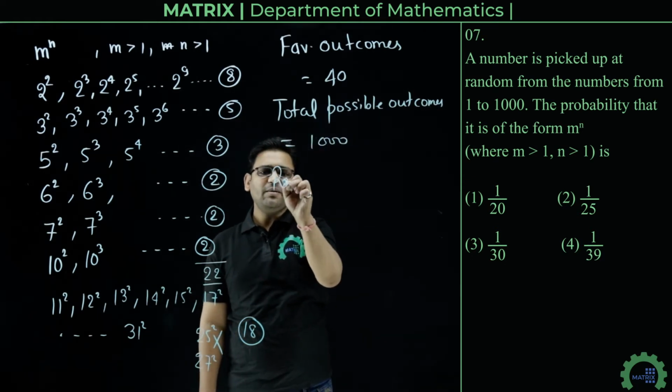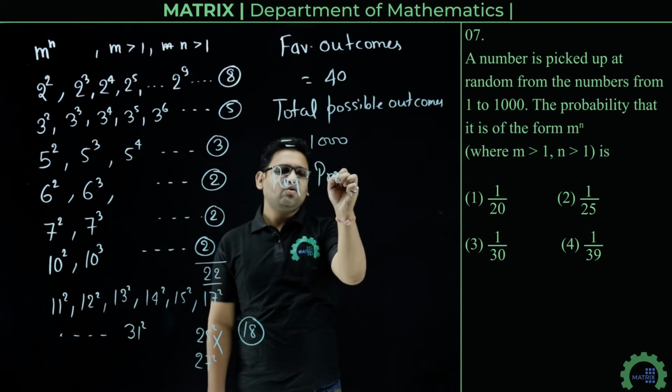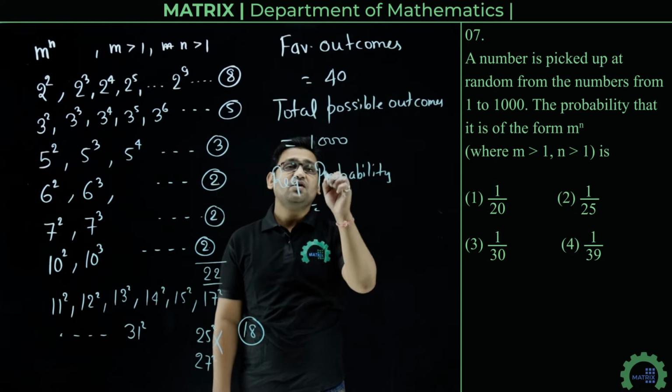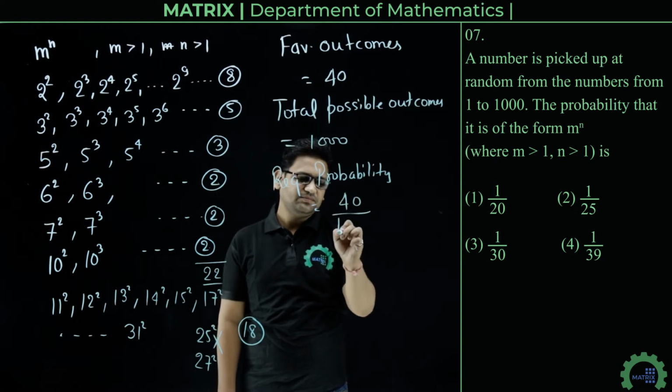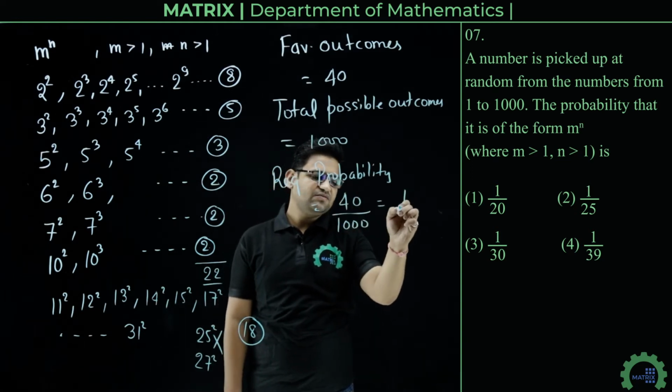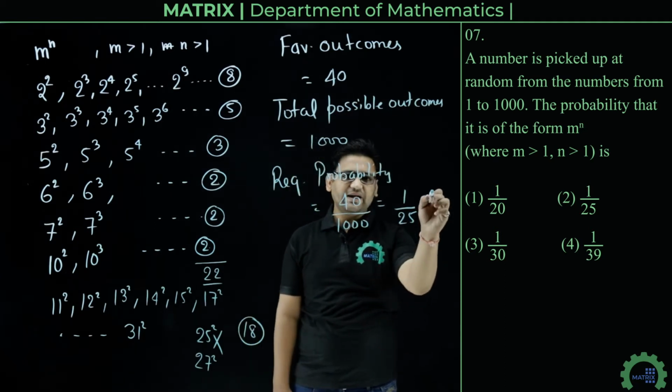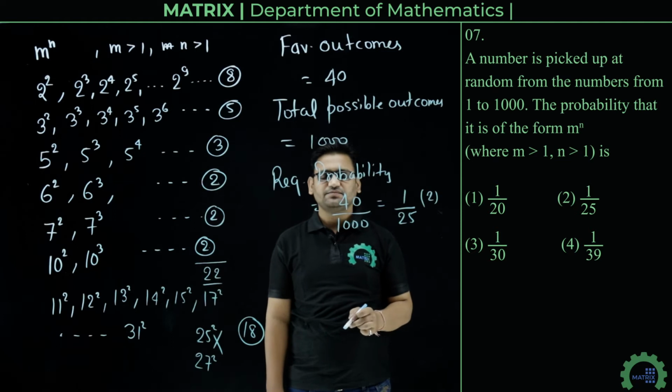So required probability will be 40 by 1000, that is 1 by 25. So option number 2 is the correct answer.